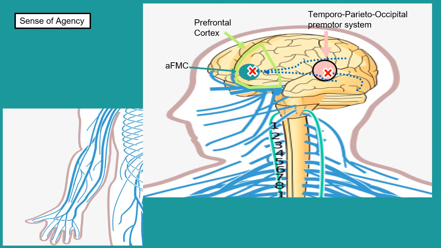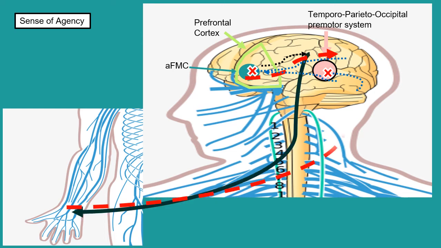When the two systems decide a behavior is appropriate or desired, they let it pass into the prefrontal cortex and then out to the motor systems. As before, when all parts work, the parietal lobe receives matching afferent signals, creating a sense of agency.